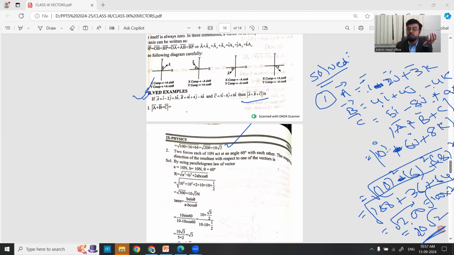You may doubt what happened to i and j. When squaring, i square is nothing but 1: i into i is 1, j into j is 1, k into k is 1. That's why you are not considering them again. Right? So 10 square is 100, 6 square is 36, 8 square is 64. 64 plus 36 is 100, 100 plus 100 is 200. 200 you can write as 10 root 2.